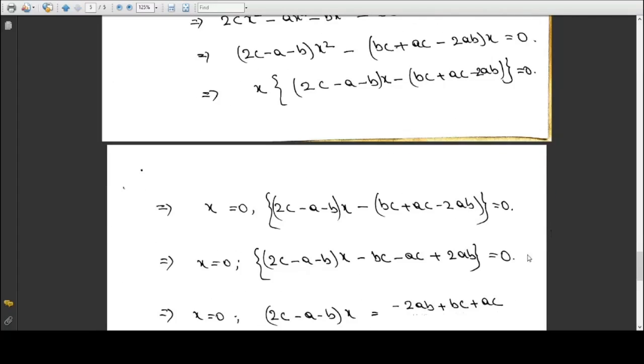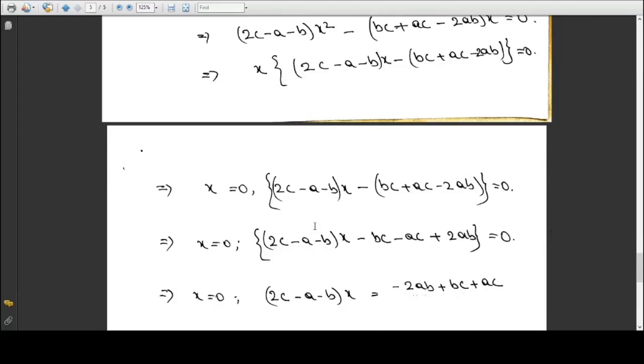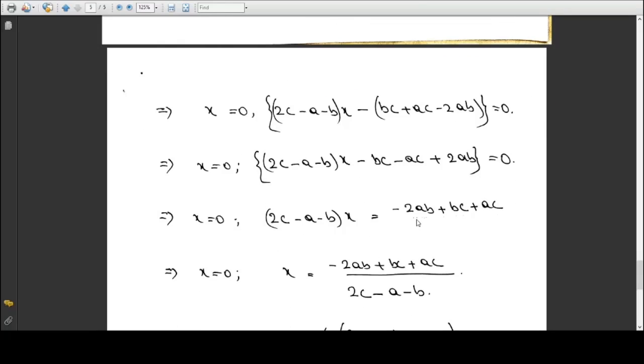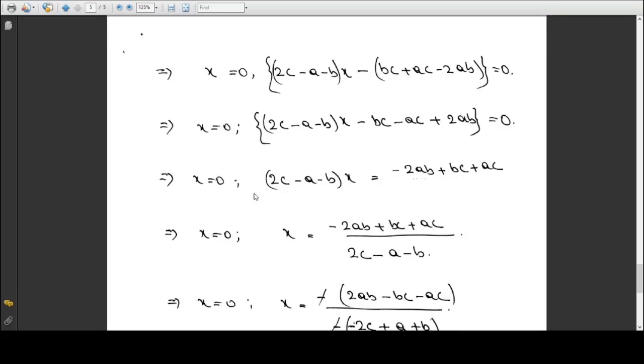And if the whole of this thing should be 0, then what you will do, this term you will keep as it is, but this minus sign you have to multiply because you have taken the bracket here. This minus has to multiply inside the bracket. Minus plus is minus bc, minus plus again minus ac, minus minus is plus 2ab. Okay, now we'll do 2c minus a minus b times x.